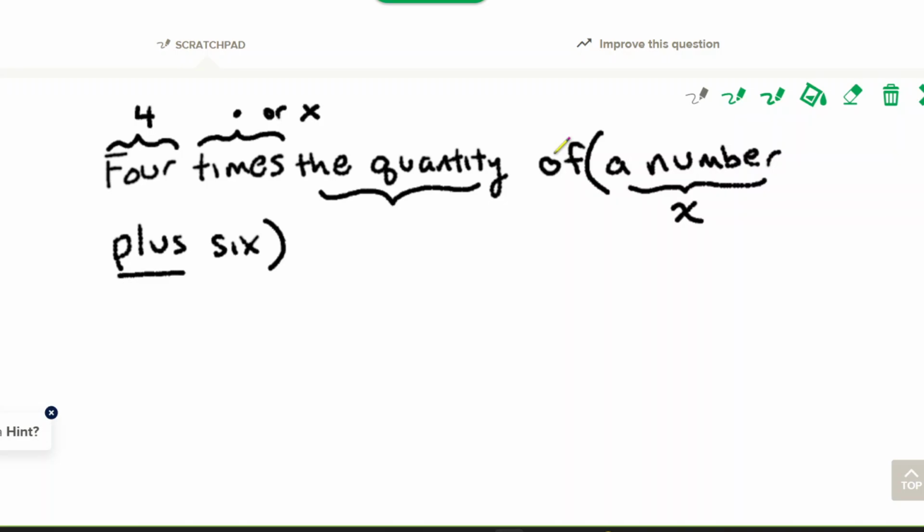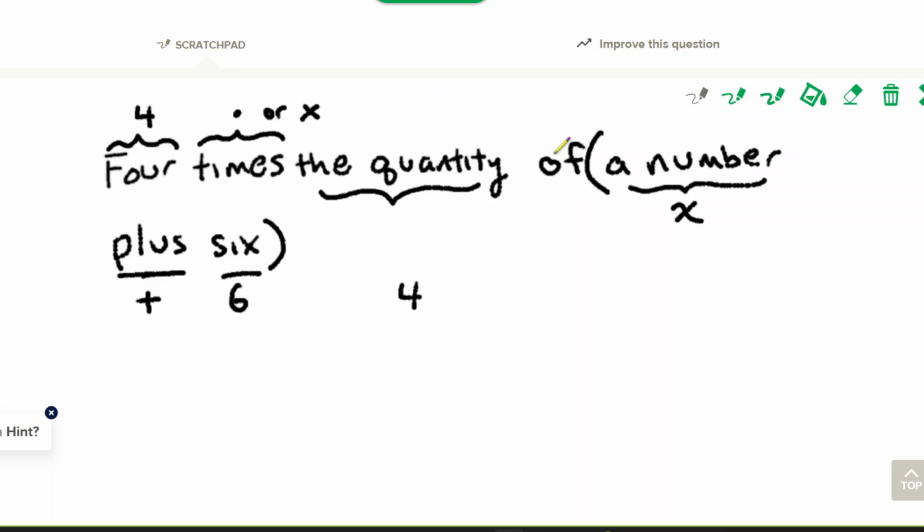And then plus means addition, so plus, and then the number 6. But that a number plus 6 after the quantity of should be in parentheses.